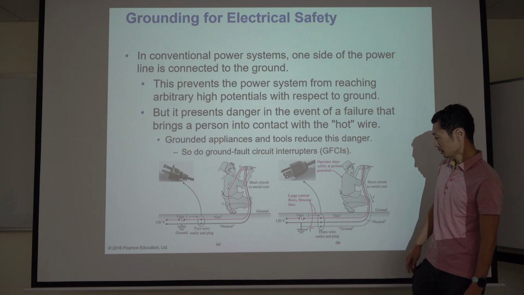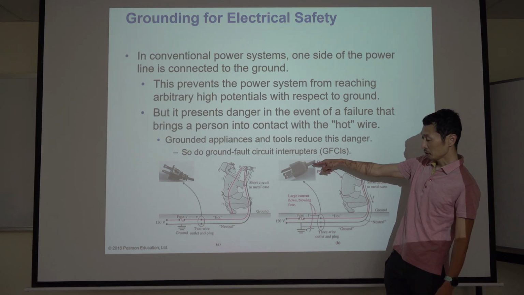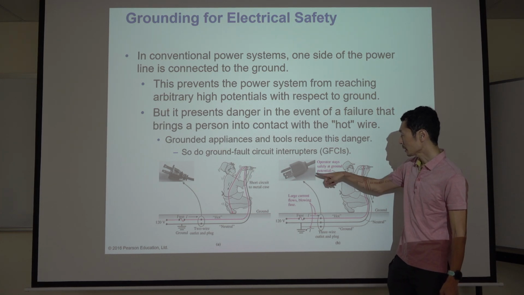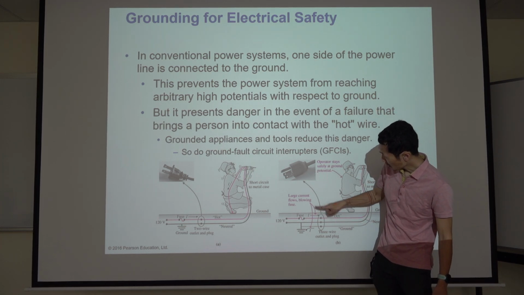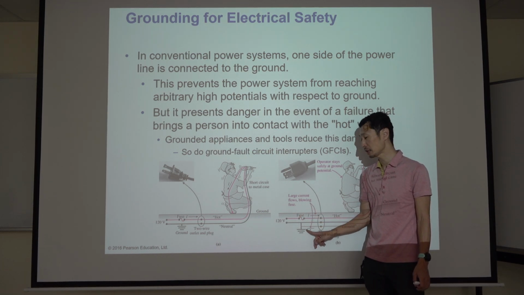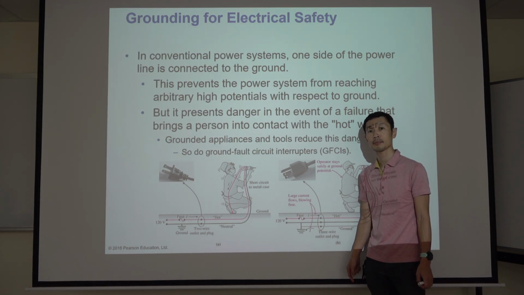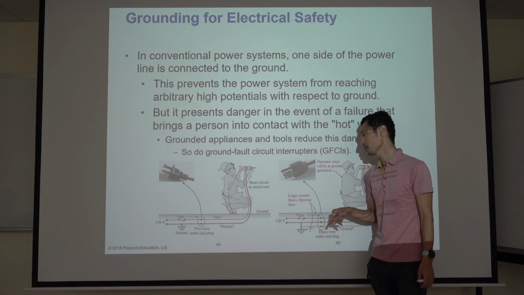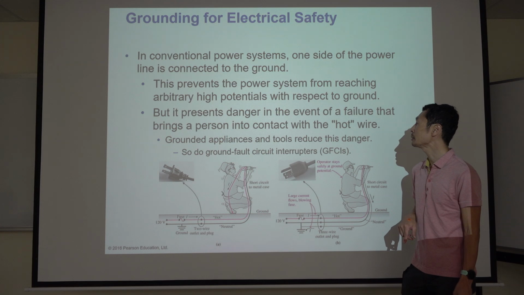And an even nicer thing is that modern machines or appliances can sense if there's a current through this third wire, and they can blow a fuse and cut the electricity from the main power. So, oh, there's a leak, let's cut it. That's how it works. So it's even safer.